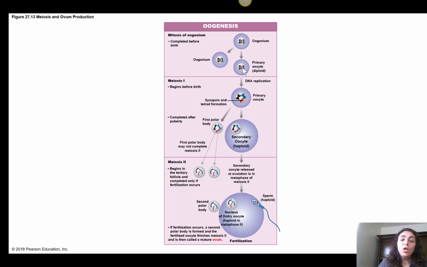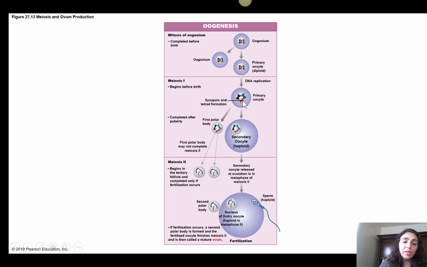Sorry, 46 chromosomes. So then this primary oocyte enters meiosis 1, the first meiosis.